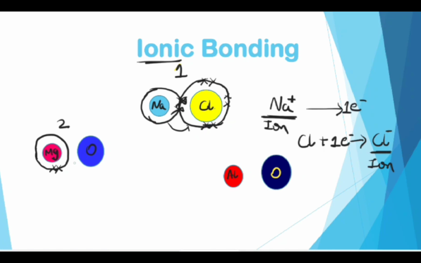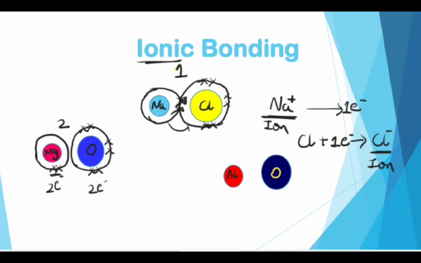So how many in its outermost shell? 6. Yes, children. Here, oxygen has a deficit of 2 electrons. Here, it has 2 extra electrons.